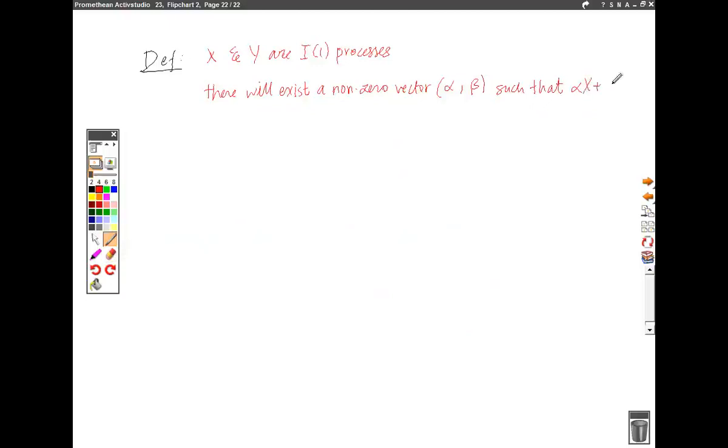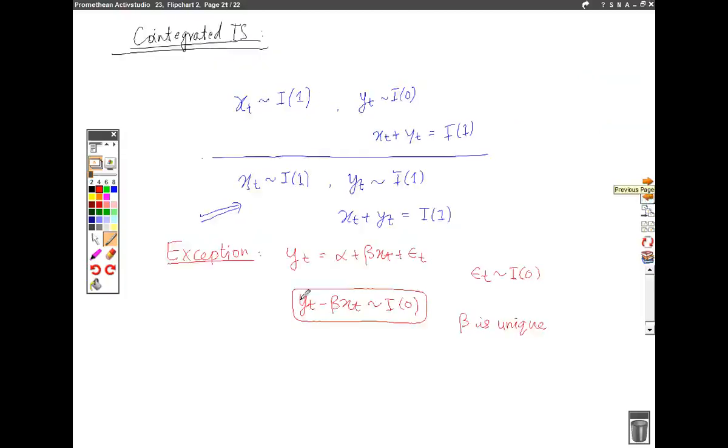If I have alpha X plus beta Y, and this should be stationary, then comparing, I would get my value for alpha as minus of this beta, and beta is the coefficient of Y, which is 1, right?